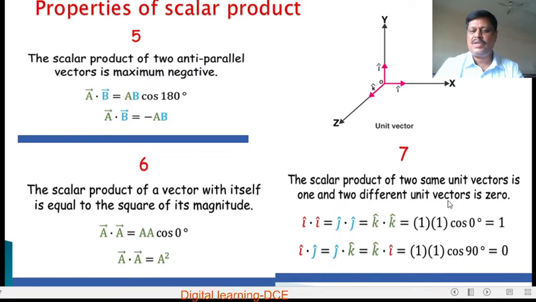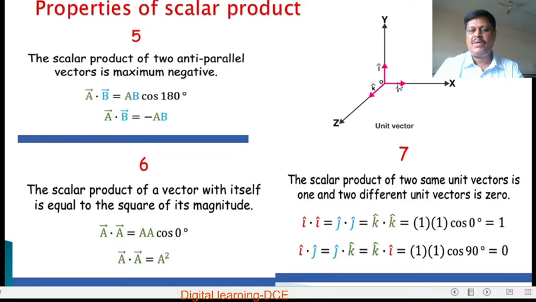And for two different unit vectors it is 0. So i dot j is equal to j dot k, which is equal to k dot i, is equal to 1 into 1, because unit vectors have magnitude 1, and the angle between i and j is 90 degrees. Here i is the unit vector along the x-axis, j is along the y-axis, and k is along the z direction.